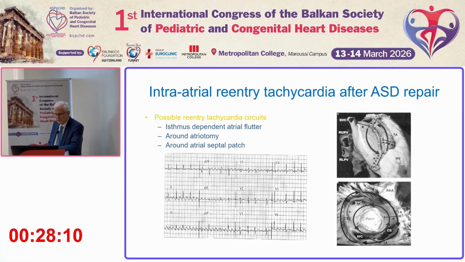The most common type of congenital heart disease, as we know, is an atrial septal defect, which, although considered a simple defect, can cause significant problems in the long term, and one of those is atrial arrhythmias. The most common type is atrial flutter, but we can have arrhythmias due to the atriotomy scar, and rarely arrhythmias due to the atrial septal patch.